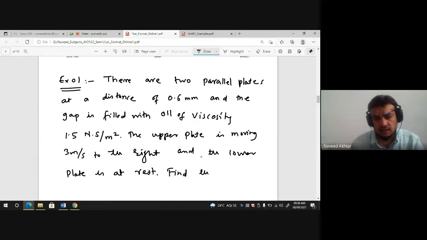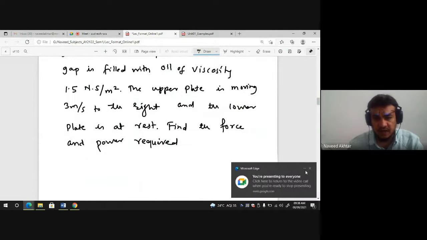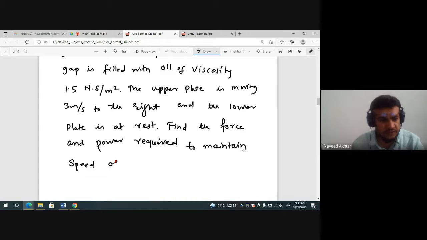Find the force and power required to maintain the speed of the upper plate.